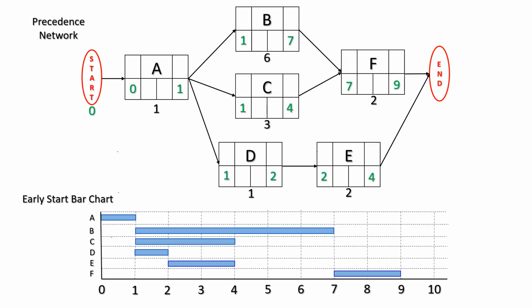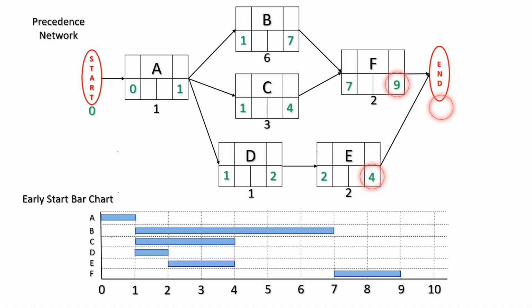Now, once we have completed the forward pass on all the activities in the network, we're in a position where we can find the shortest duration of the project, and that will be the early start of the end node. And the early start of the end node will be dependent on the completion of the two predecessors, activity F and activity E. And the earliest that both of those will be complete will be at the early finish of activity F, which is 9.